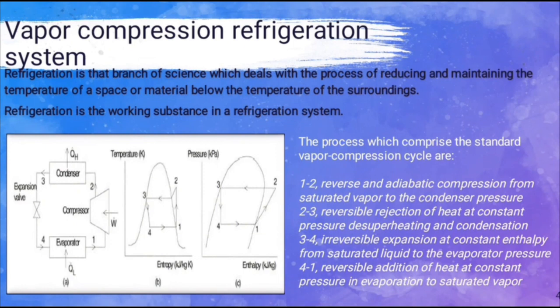Considered a reversible expansion at constant enthalpy, or isenthalpic, from the saturated liquid to the evaporator pressure. That's the 3 to 4 process. Lastly, the evaporator. Considered reversible addition of heat at constant pressure in evaporation to the saturated vapor.